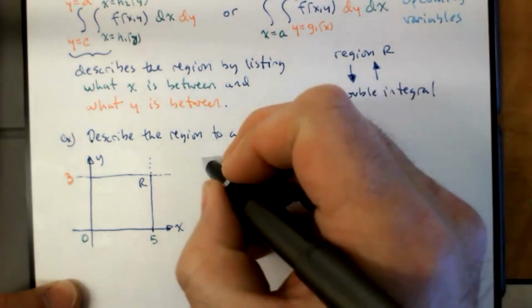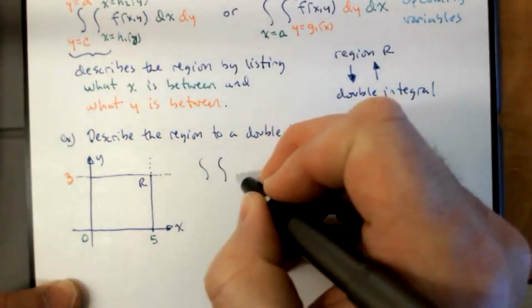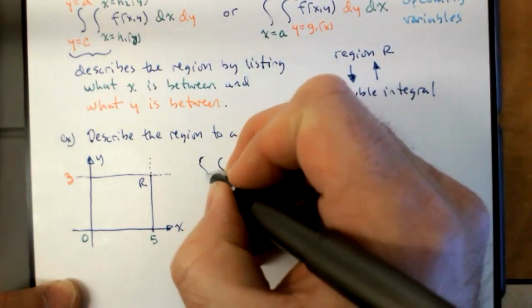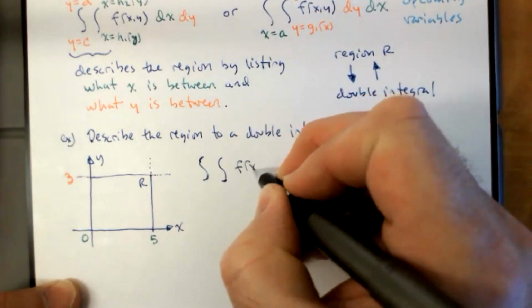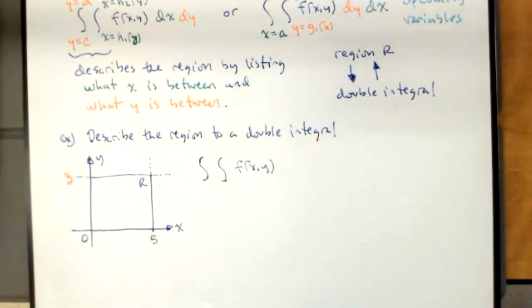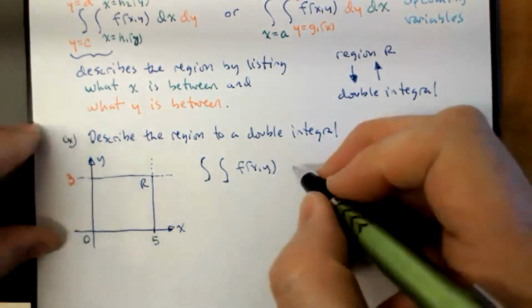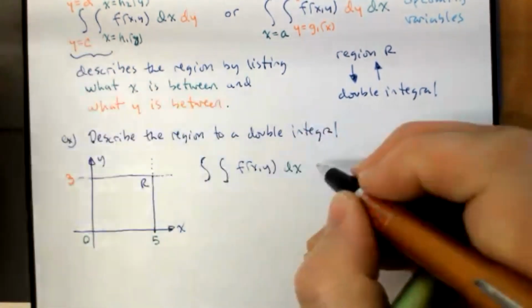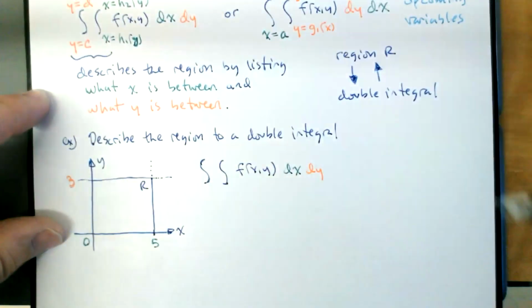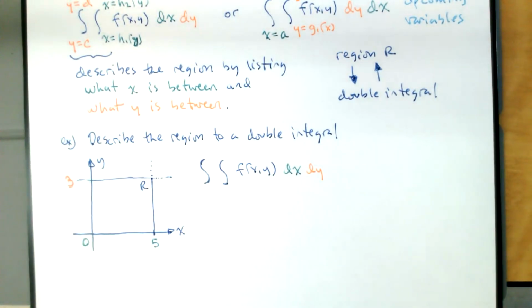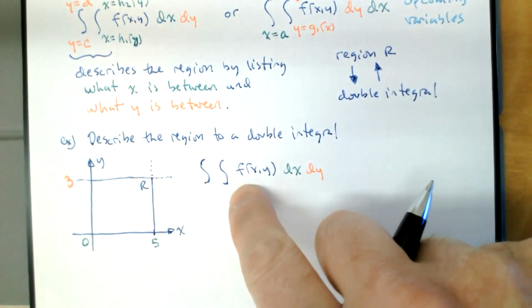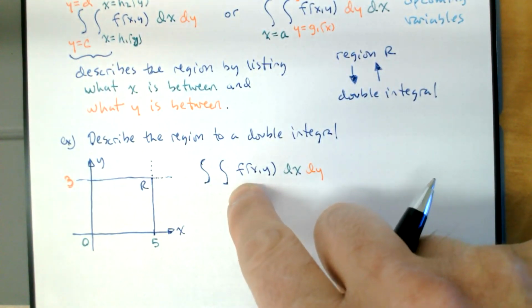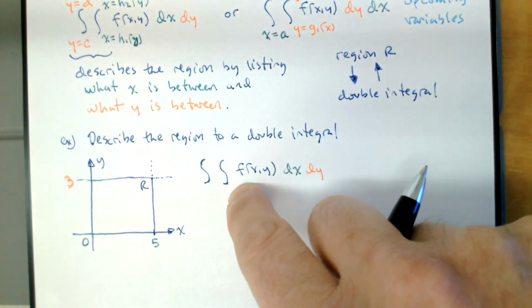So to describe this with a double integral, right now I'm not concerned about what the function is, so I'm just going to write f of x,y. But I have to decide what order I'm going to write it. I'm just going to follow the order that I did up here, start with dx dy. So if I write dx dy, that means that first integral, I'm going to write what x is between. x starts at 0 and goes up to 5.